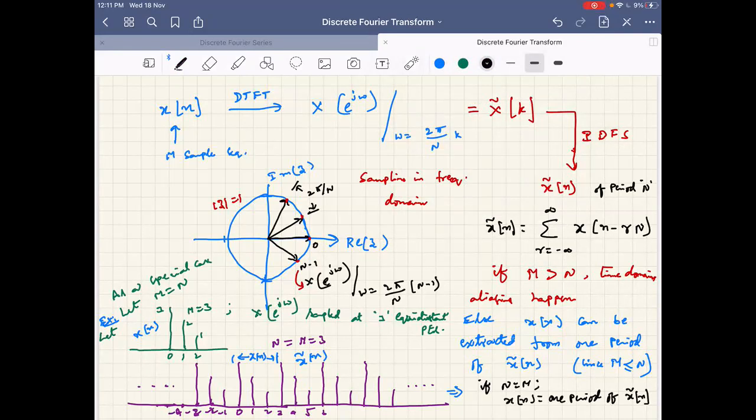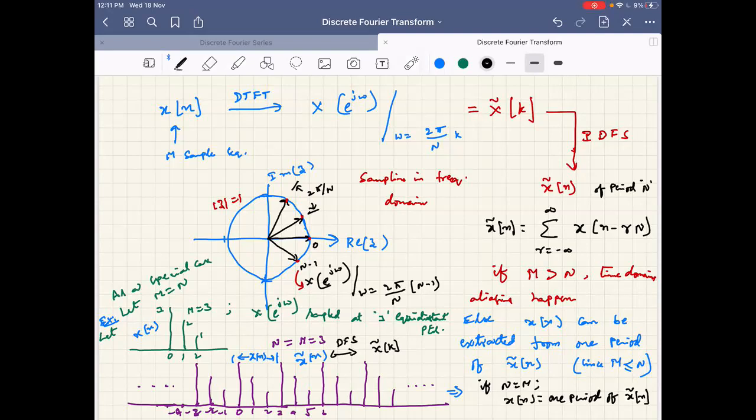If I now find the Fourier transform of x tilde of n, which is the discrete Fourier series because it is a periodic sequence, what I get is x tilde of k. If I see one period of x tilde of k, it also has 3 samples.